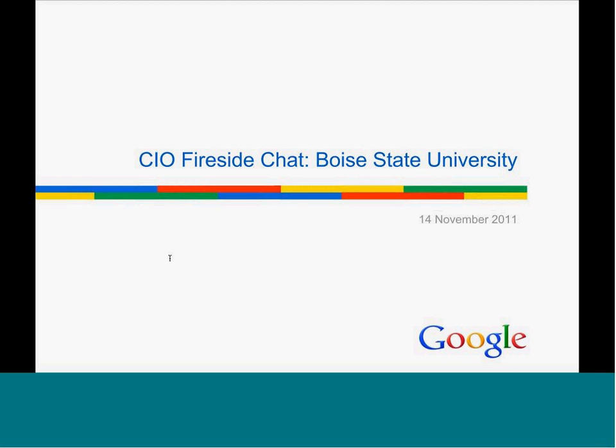I found these events to be very worthwhile, so we're continuing this with Boise State. As we continue to work with other universities who are either currently using Google Apps or evaluating using Google Apps, we certainly learn from and appreciate the insight of a fellow CIO from a school who has been using Apps for quite a while. Actually, Boise State has been using Google Apps for their students since 2008. So with that, I'll hand it over to Max.